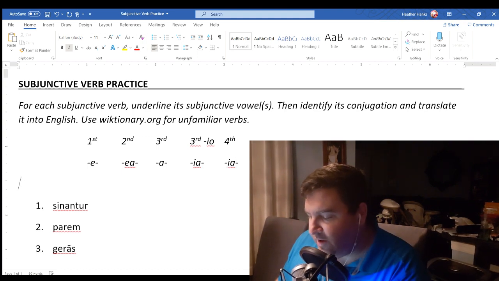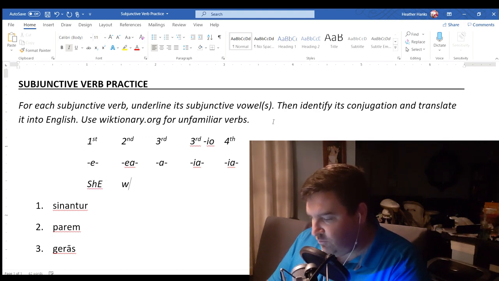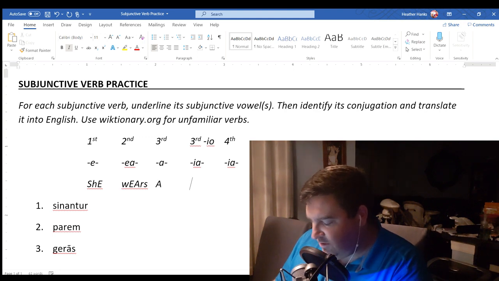Now there's a mnemonic for this that I taught you, and this is my preferred one. I said there are a bunch of them. I always remember it as: she wears a giant diamond.